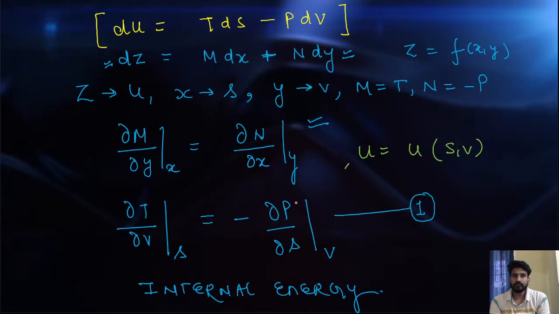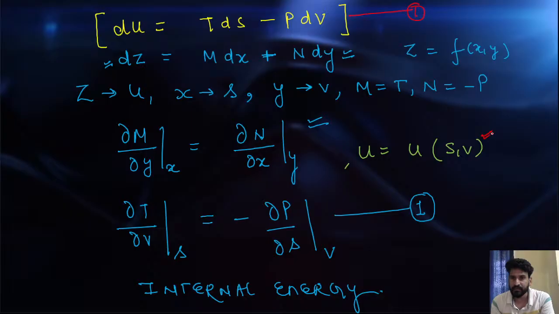See, this is my change in internal energy, the equation is TdS minus PdV, right? So I think this equation is very simple to calculate, yes or no? Now dU change depends upon the entropy change and the volume change. It means that internal energy is a function of entropy and volume.